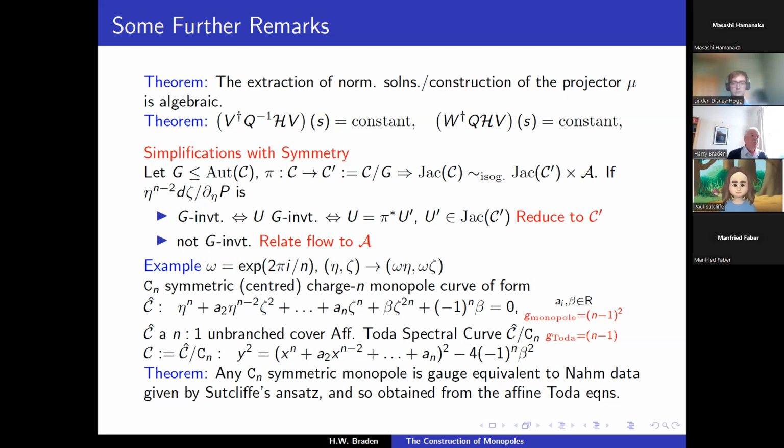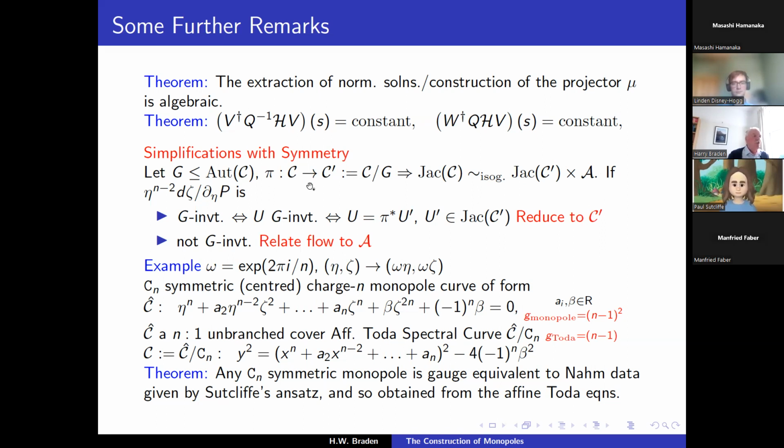You get another Riemann surface, C dash. The Jacobian of this reduced Riemann surface appears, and there's some residue, some abelian variety that I'm not going to focus on here.